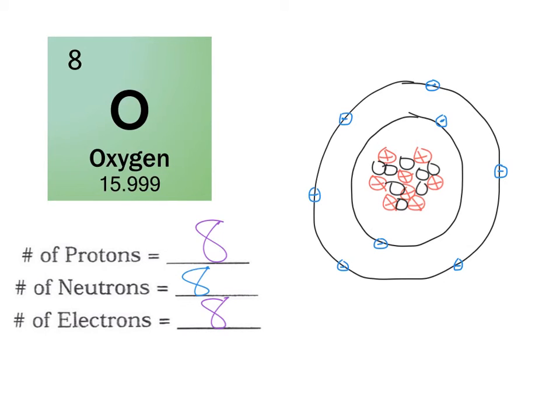So I'm going to count my electrons just to be careful. So 1, 2, 3, 4, 5, 6, 7, 8. And so we have just created an atomic model for oxygen.